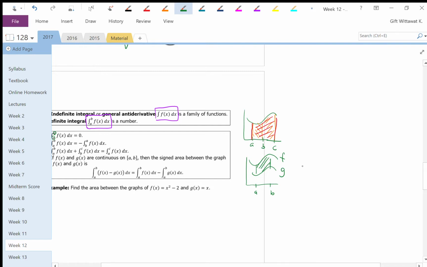This is going to be the same as the integral of f, minus the integral of g.